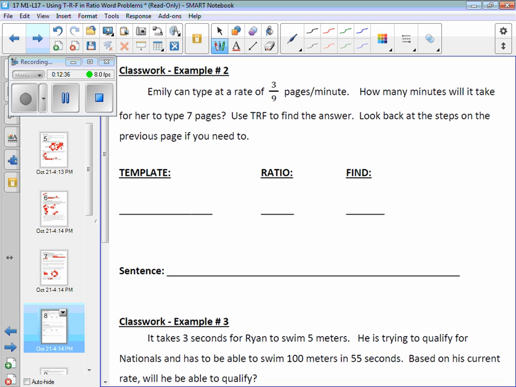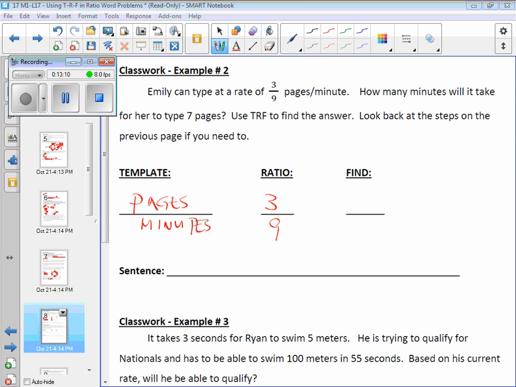Read through it and tell me what my template should be. What's the template? Yes. Liam, what's my given ratio? 3 pages, 9 minutes. What are they asking you to find?